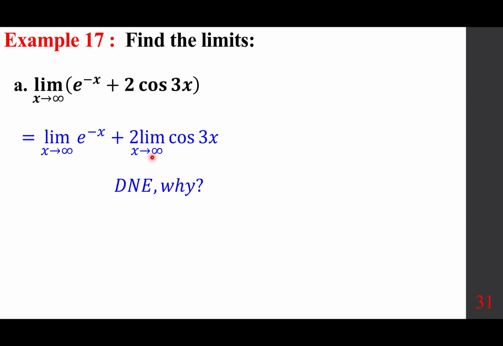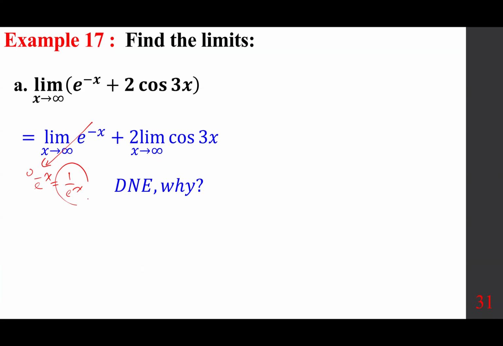Why is that? Let's see what happens. I hope everybody can recognize this one as 0 because you have e to the power of minus x, which is 1 over e to the power of x. And if you replace the x with infinity, you get 1 over infinity, which is 0.